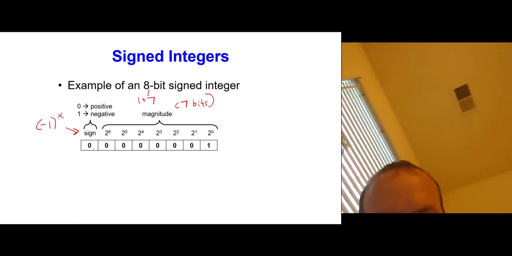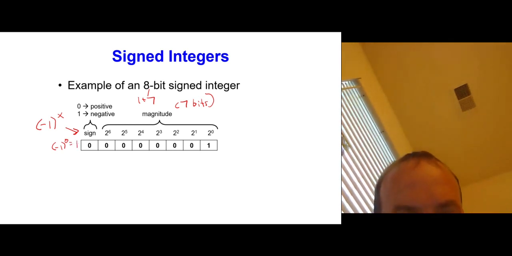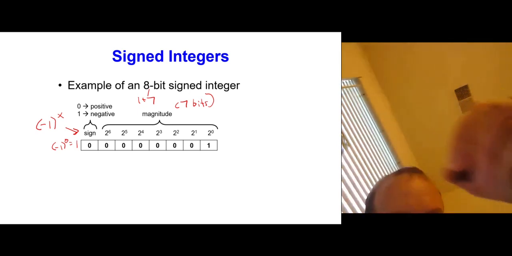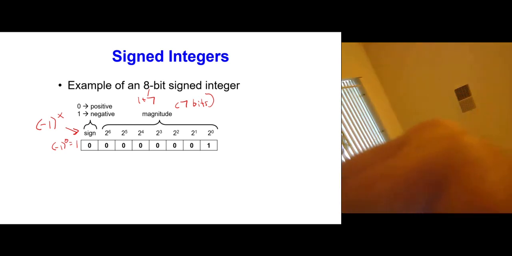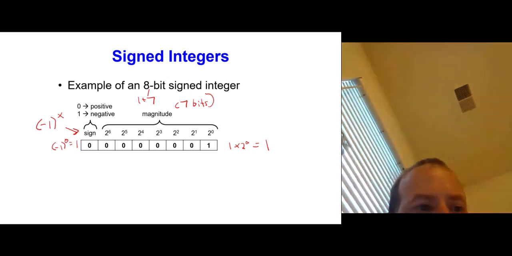So if this one is 0 in the sign place, then -1 to the 0 is just 1. So that means it's a positive number. If we use the arithmetic that we used previously, we would say that 1 times 2 to the 0 equals 1. So there's 1 in base 10.